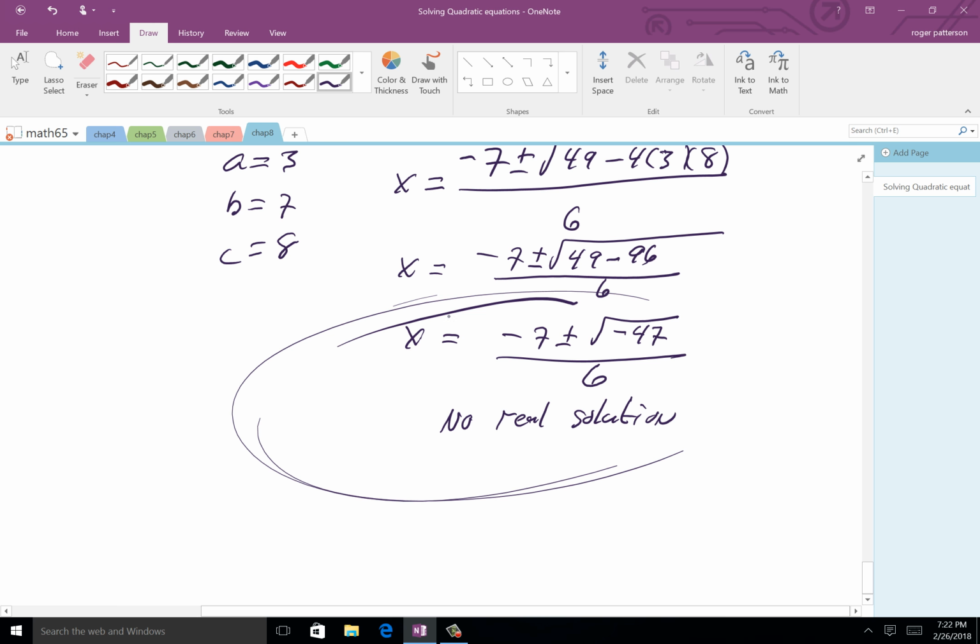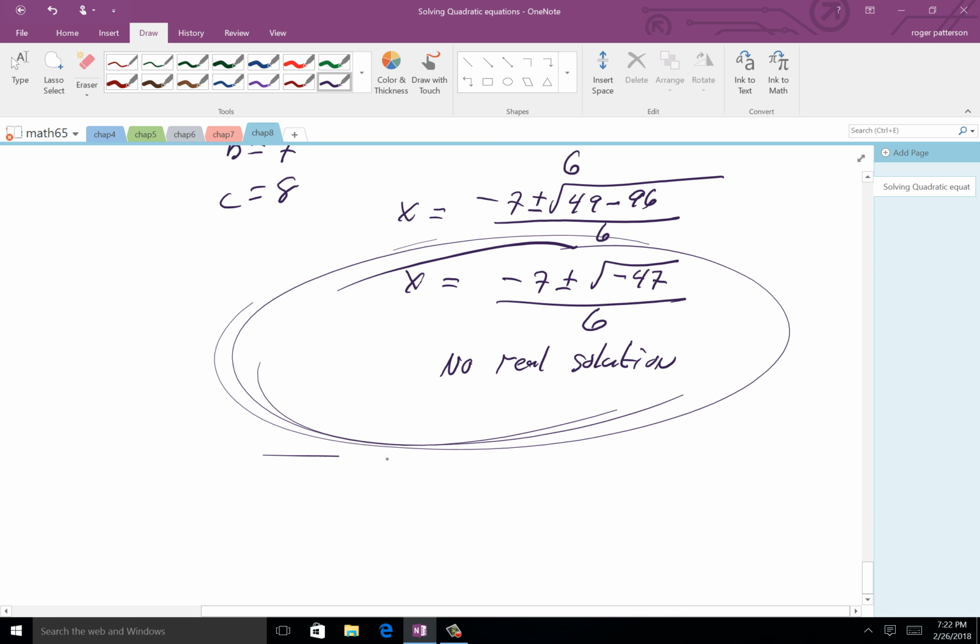I'm just going to tell you straight up, on a test or a quiz, it doesn't make any difference to me if we use decimals for these. I don't care that you do. But when you check your answers, they're not going to match.